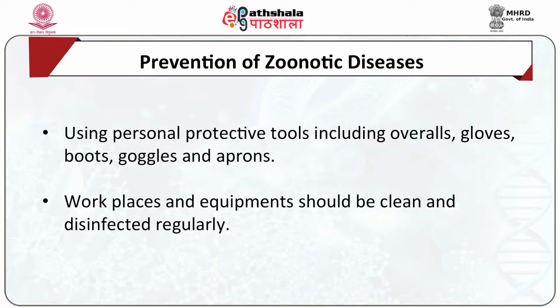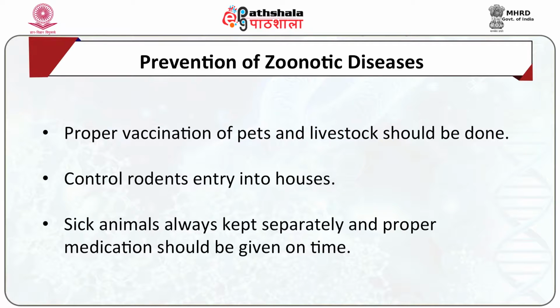Workplaces and equipment should be cleaned and disinfected regularly. Proper vaccination of pets and livestock should be done. Entry of rodents into houses should be controlled. Sick animals should always be kept separately and proper medication should be given on time.